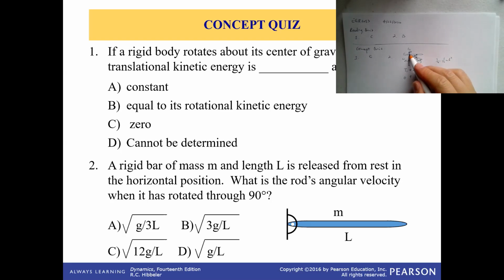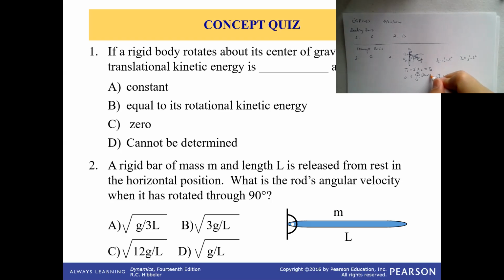If you look at one end, then I_O is going to be 1/3 mL squared. So 1/2 I_O omega squared. Now if you do this integration, let me see.